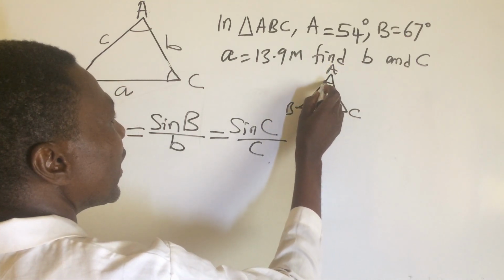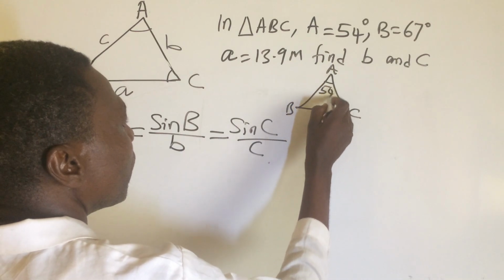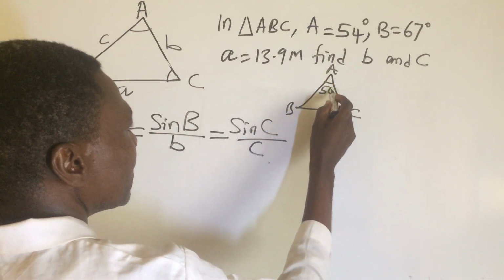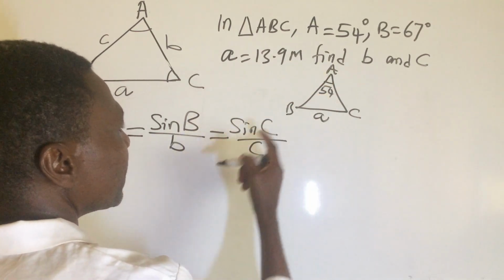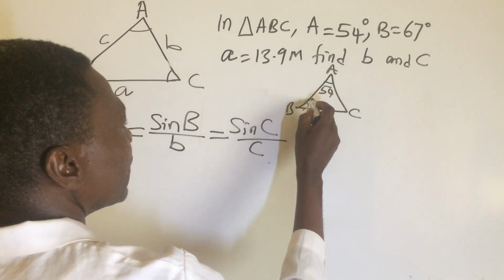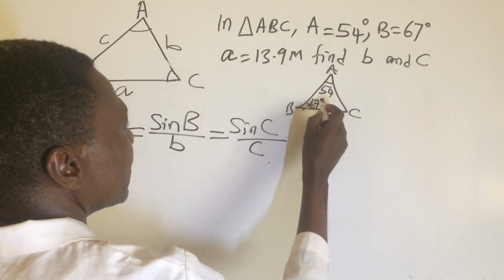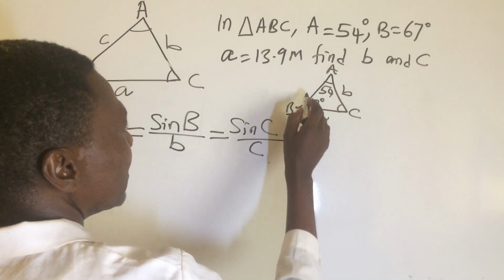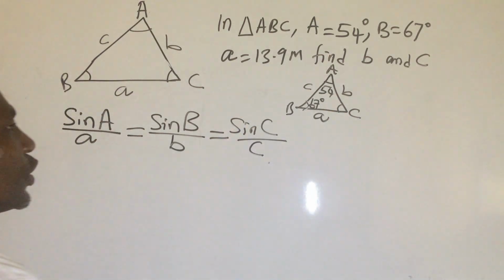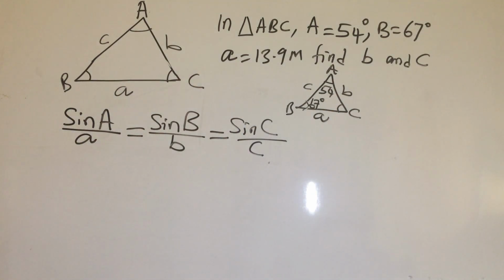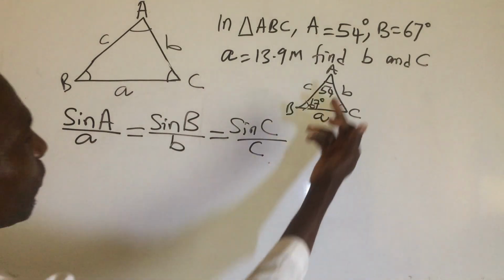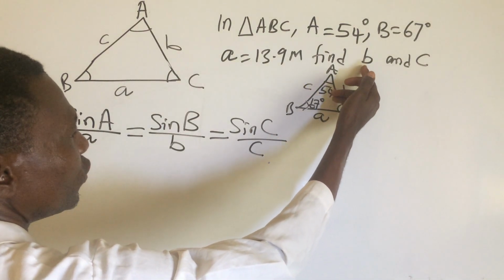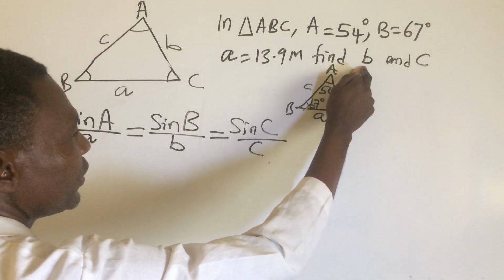Then here is 54 degrees, the side facing it is small a. Here 67 degrees, facing it is b. Then here, we do not know the angle yet, and the side facing it is c. Now, we can find b immediately.